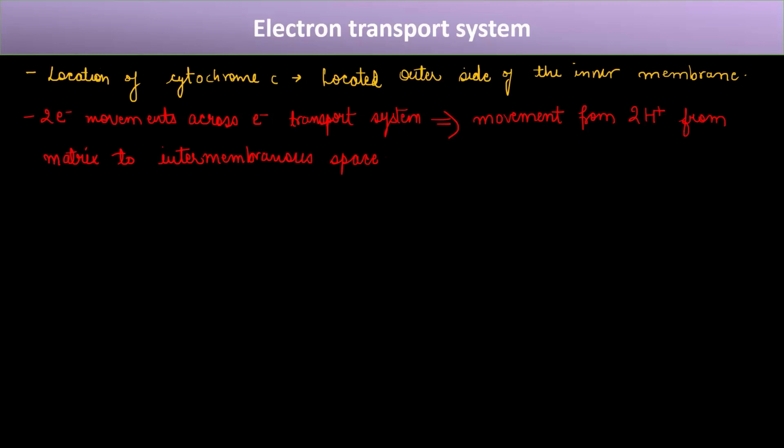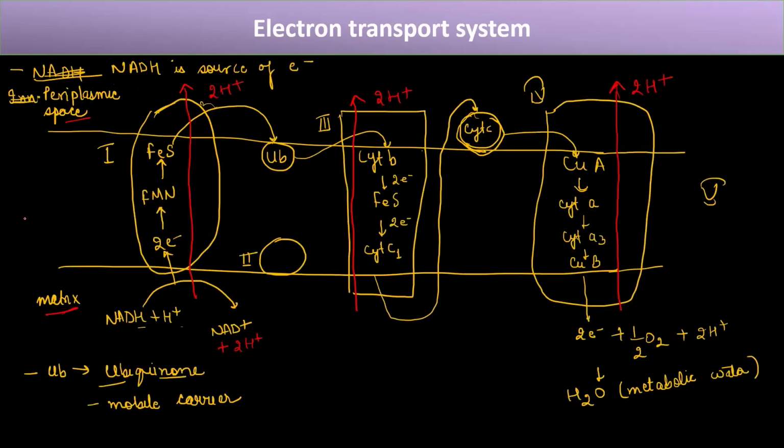Now we are seeing what complexes are involved in the movement of electrons from NADH. If you look at this figure properly, you can see that complex 2 is not involved in the electron transport.